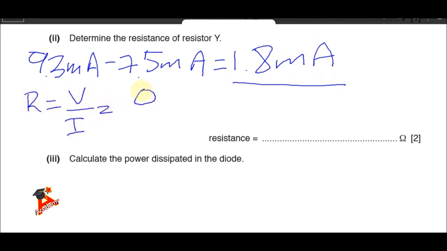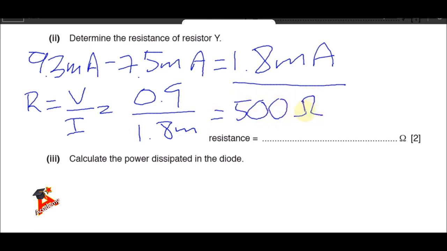E was 0.9 volts, and we divide by 1.8 milliamps, and that gives us 500 ohms. That's our answer.